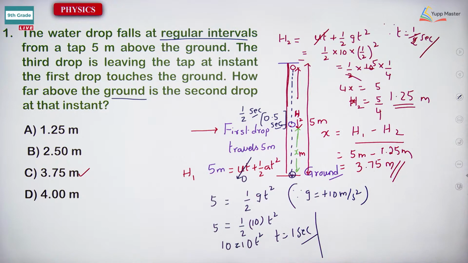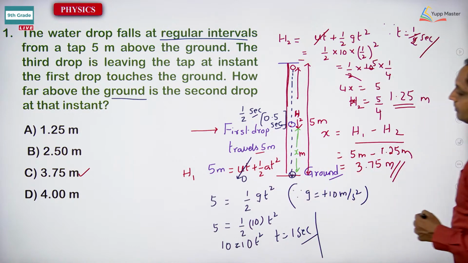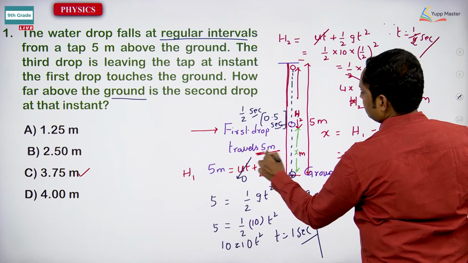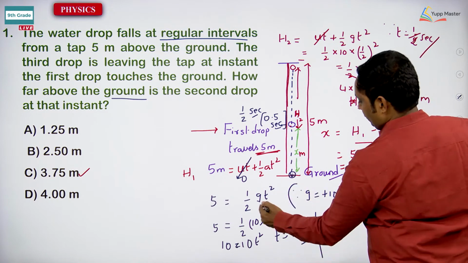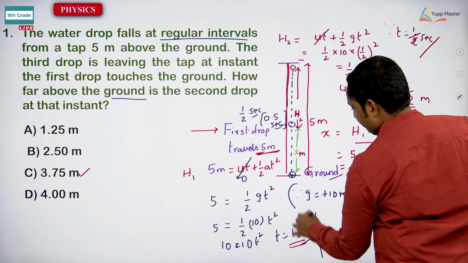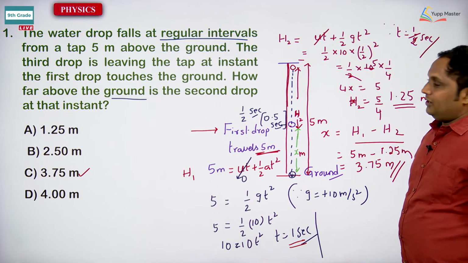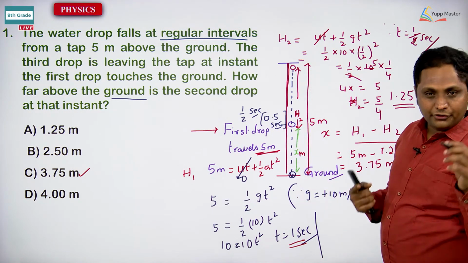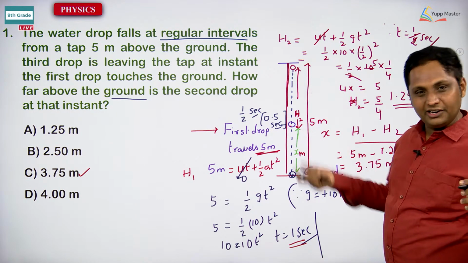Once again, we have to see that the first drop travels 5 meter, it is very clear. They have given the height, and we have calculated the t for the first ball to reach the ground. At the same time, we are focusing that at regular intervals of time, the water drops are going to be released.